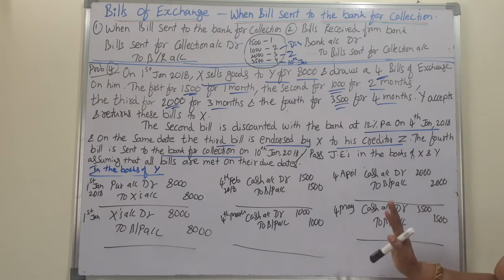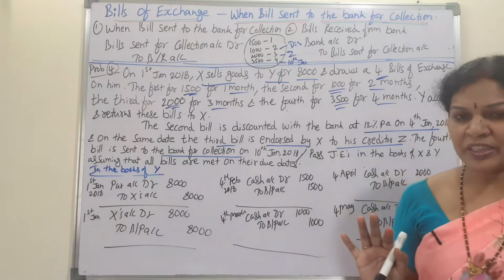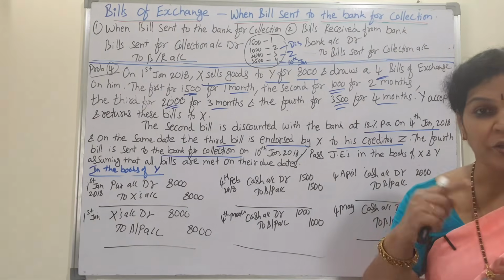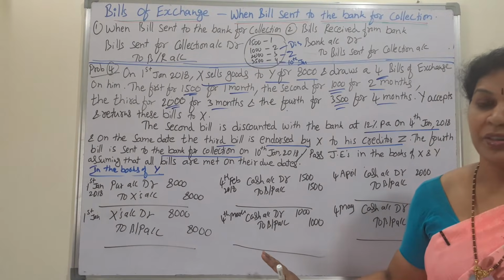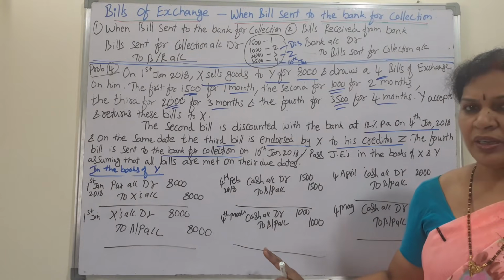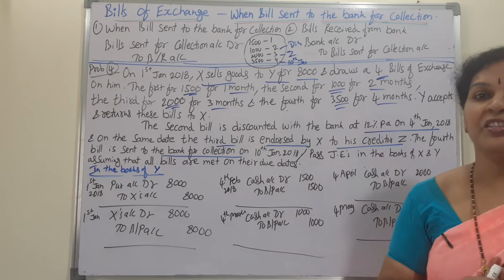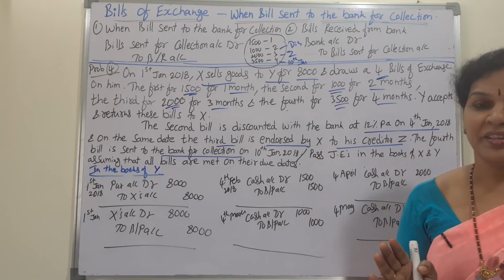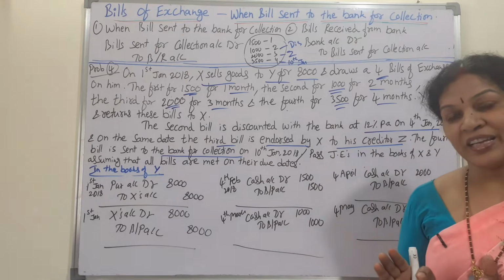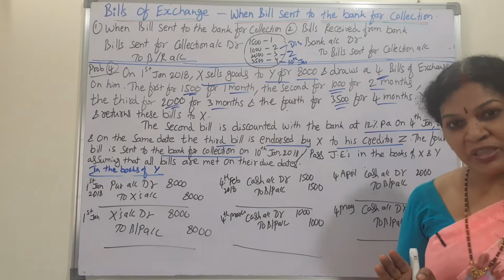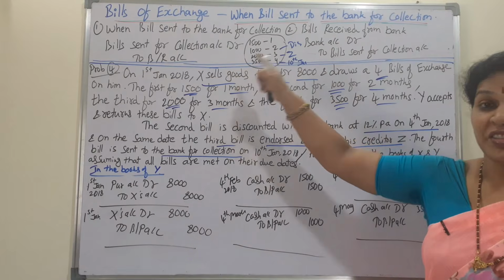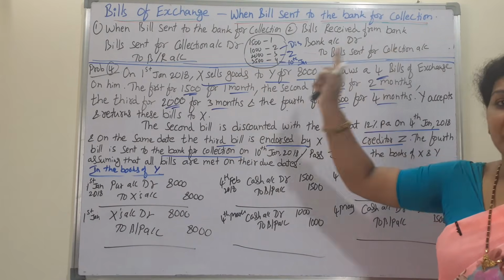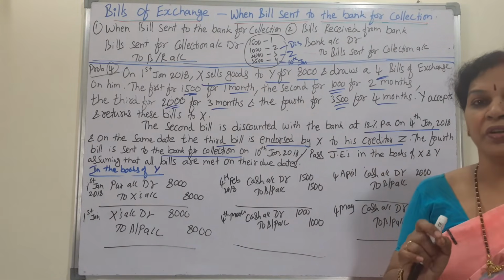One thing you remember: when we are writing in the books of Y, endorsing the bill doesn't make any difference in the books of drawee. Endorsing makes a difference in the books of drawer. Bill sent for collection and receiving from the bank also make a difference only in the books of drawer.